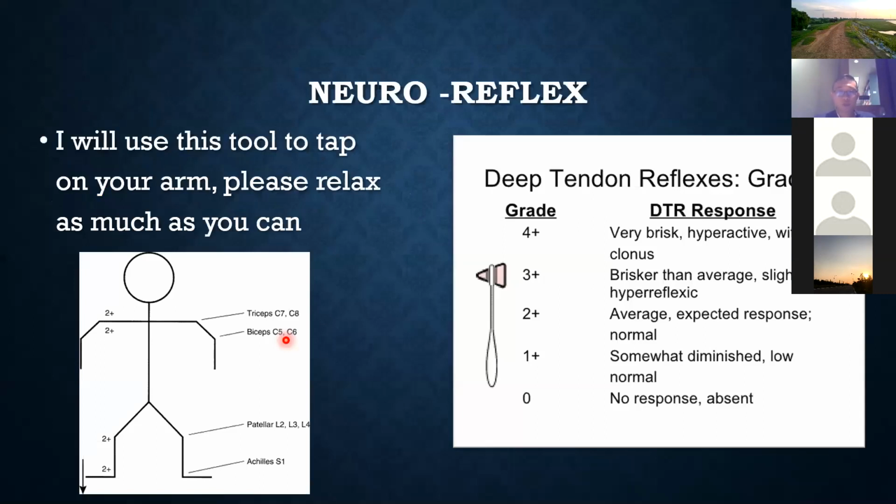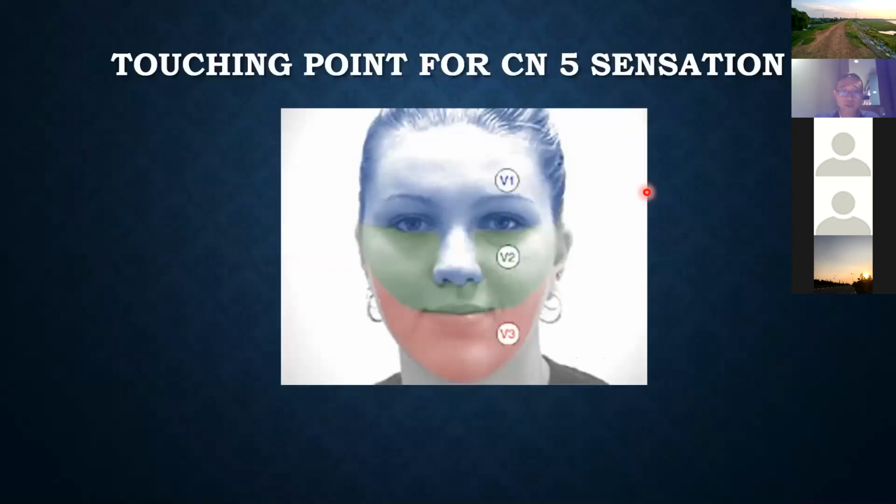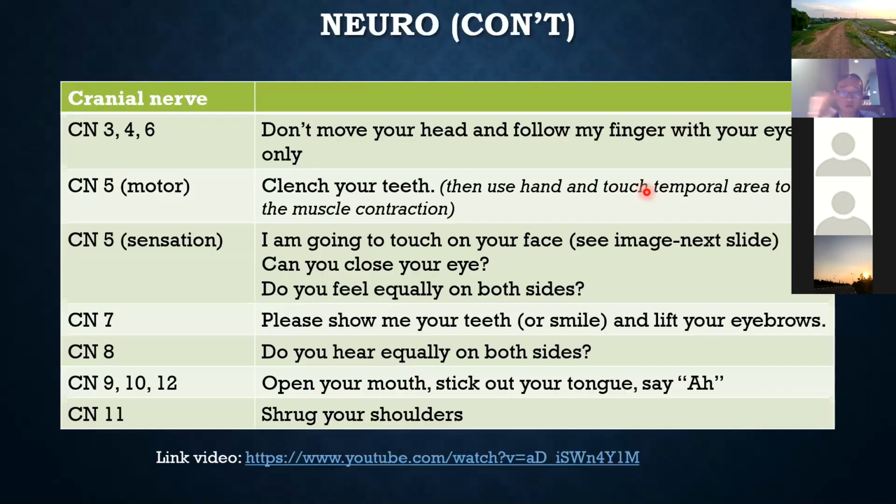Do you guys have any questions? Today's lecture is just the general picture, and in the next lecture we will focus on particular topics, like how to approach the patient with chest pain, abdominal pain, cough, or shortness of breath.